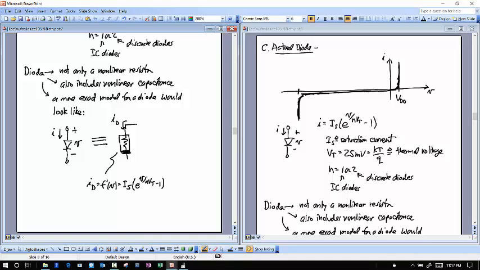Okay, so it'll consist of that current there, but it'll also consist of a component of charge and possibly current if it's an AC input, which it generally is, that's governed by a nonlinear capacitor. So I'm going to have a plus Q and a minus Q across this, and there's the other terminal of the diode. Okay, that would be the total current going through the diode, and the total voltage would be applied across this whole thing.